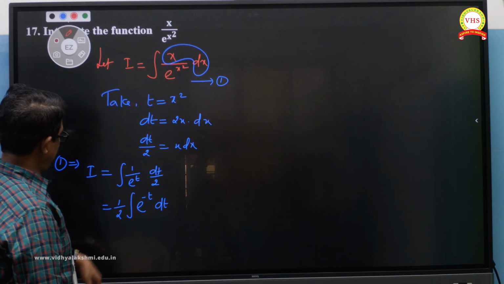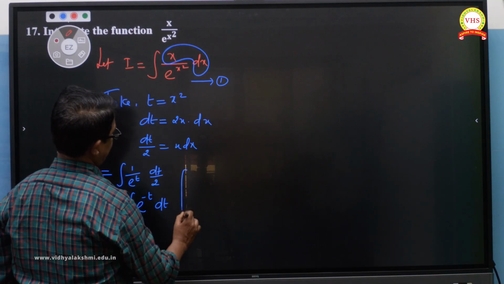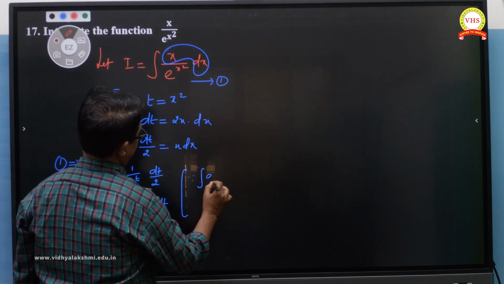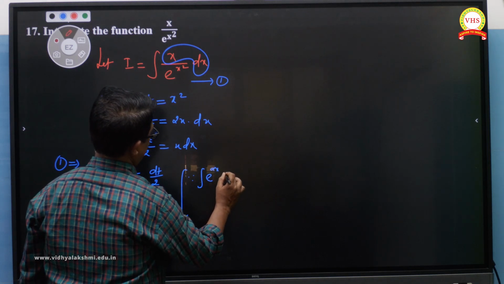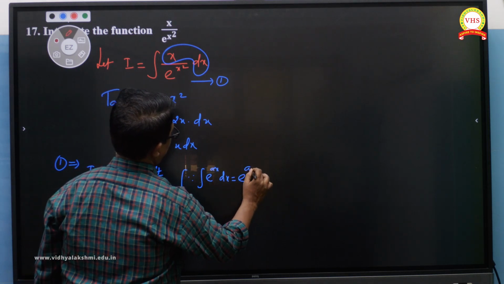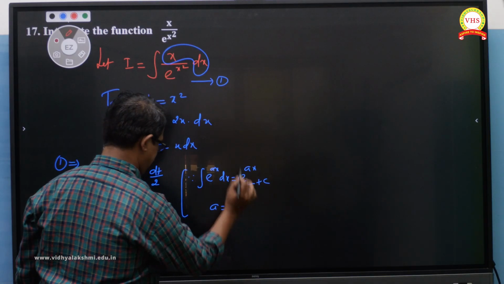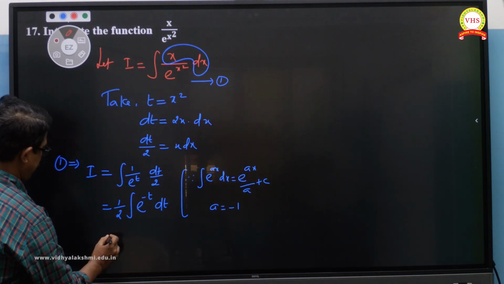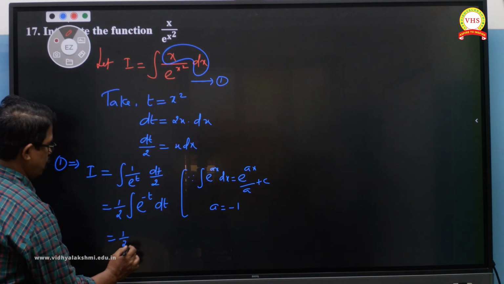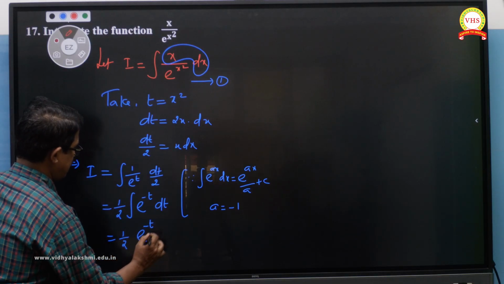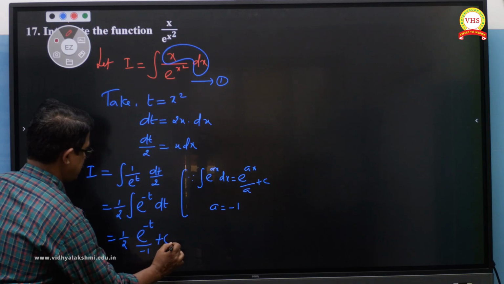Now as usual, the integral of e power ax into dx equals e power ax by a plus c. Here a equals minus 1. Then we get 1 by 2 into e to the power of minus t by minus 1 plus c.